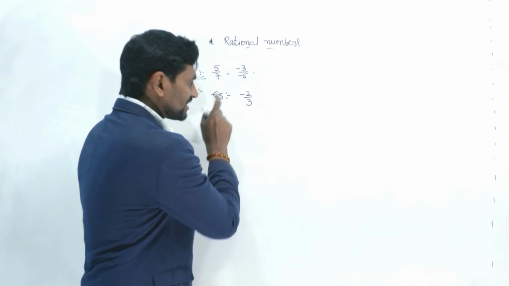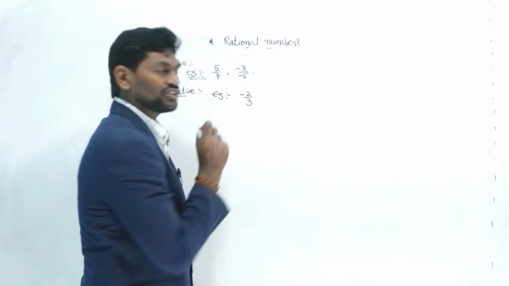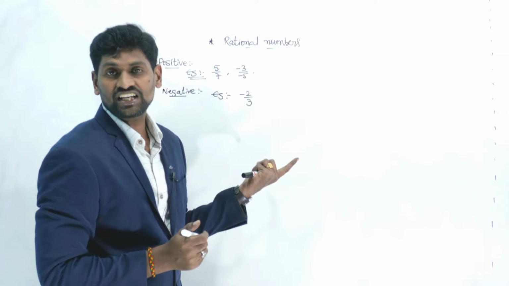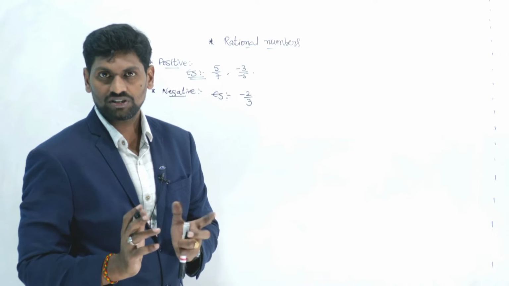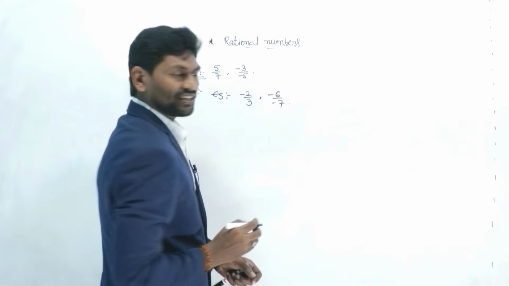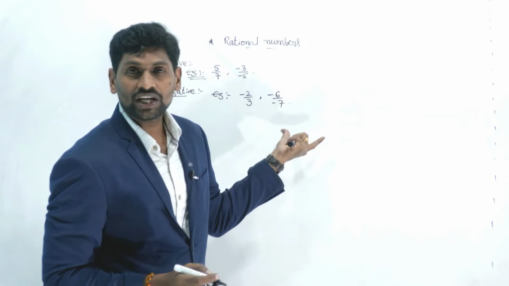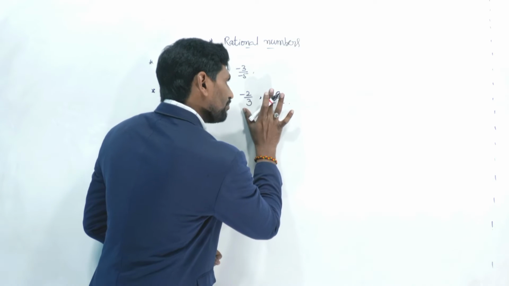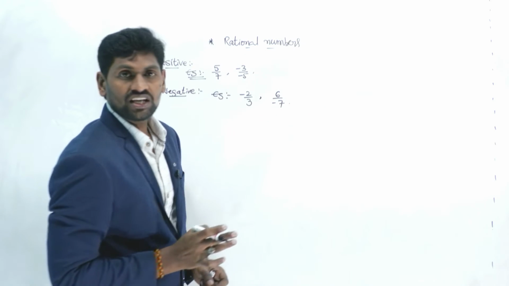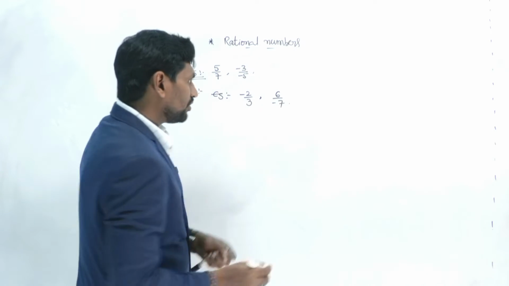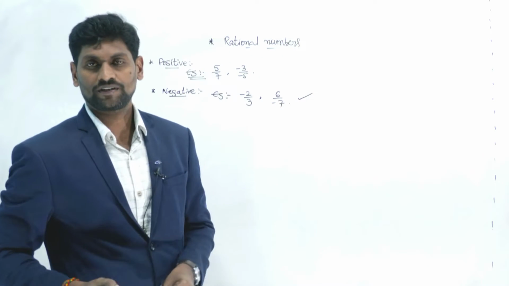That means the numerator is a negative integer, the denominator is a positive integer. So both have opposite signs. So this is considered a negative rational number. Minus 6 by minus 7. Is it a negative or positive rational number? Both have the same sign. Same sign means it is a positive rational number. Now see, 6 and minus 7. Both have opposite signs. Now it is considered a negative rational number.